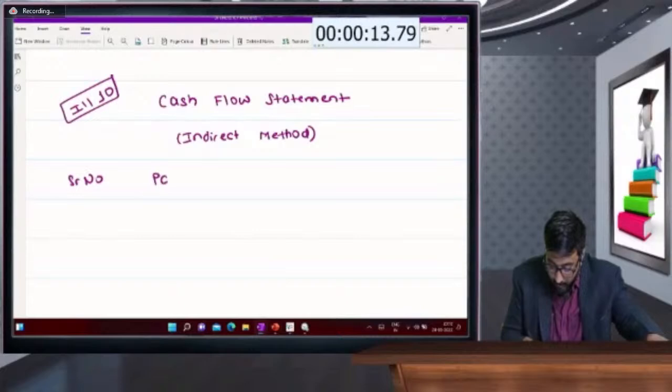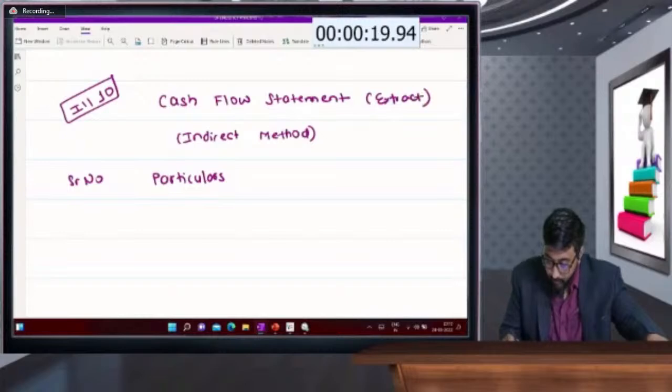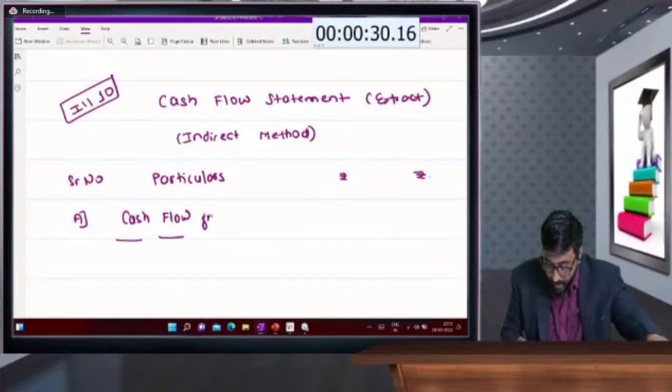Serial number, cash flow statement. This is also extract. Particulars, rupees. A. Cash flow from operating activities.